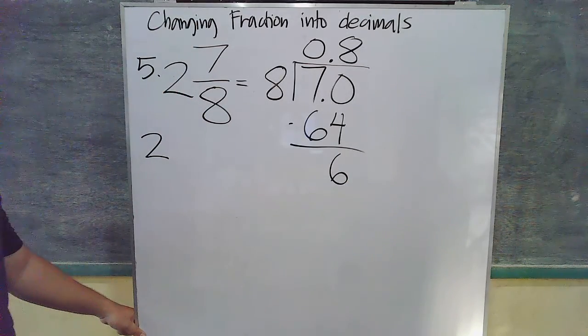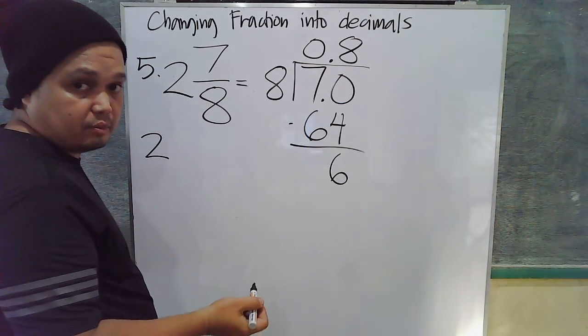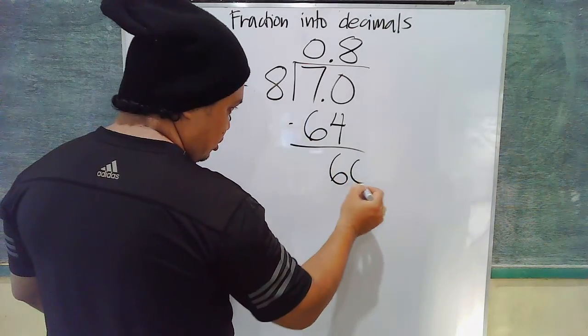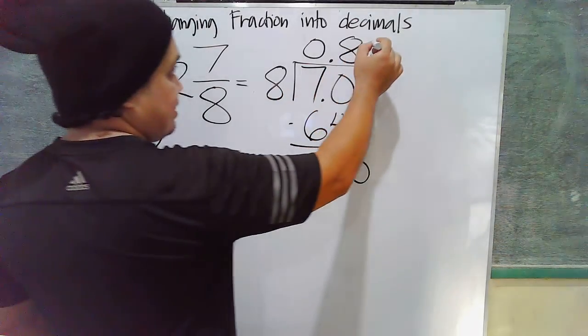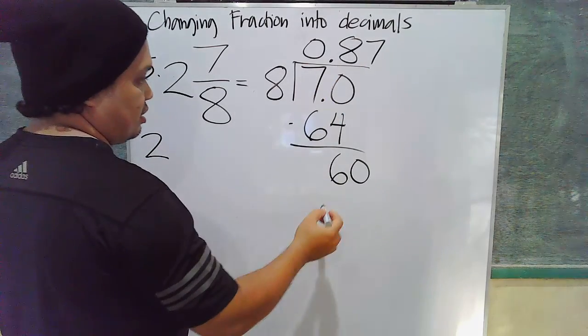Now 6 divided by 8 cannot be done because 6 is less than 8. So let's borrow 0 again, so we have 60. Now 60 divided by 8, we have 7, because 7 times 8 is 56.